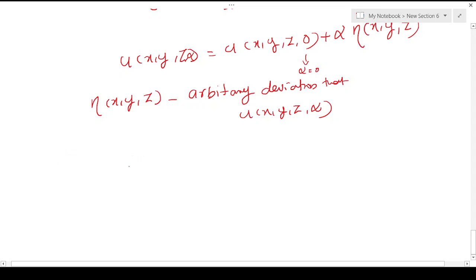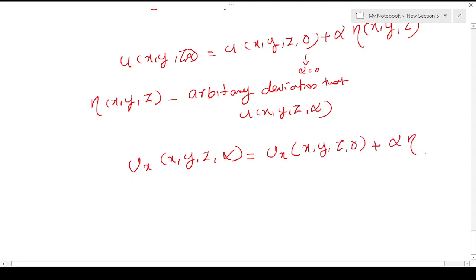That means we have a representation: if you take u_x, that is dou u by dou x, then u_x(x, y, z, alpha) should be equal to u_x(x, y, z, 0) plus alpha eta_x. So eta should be differentiable.